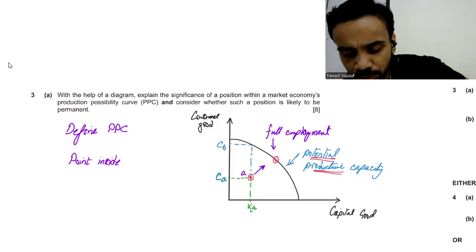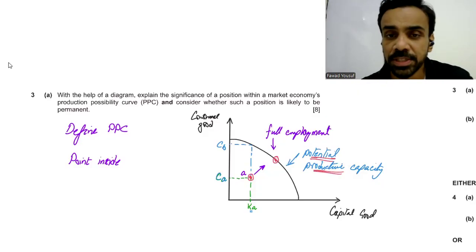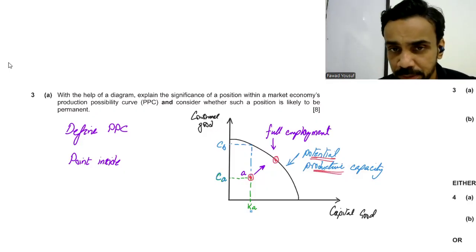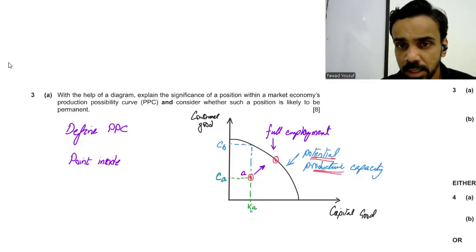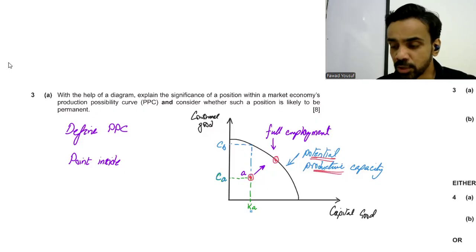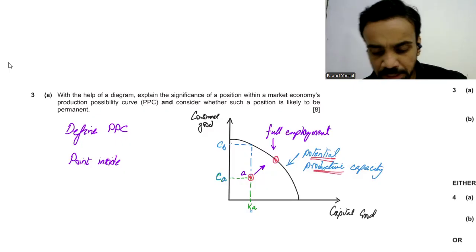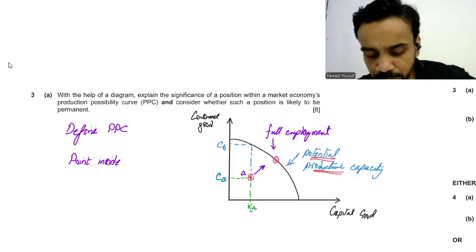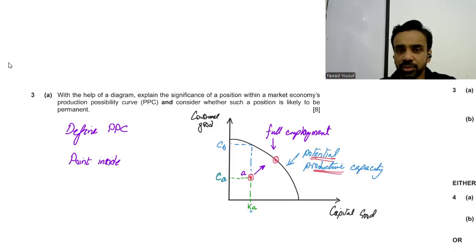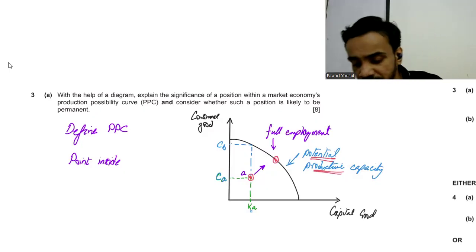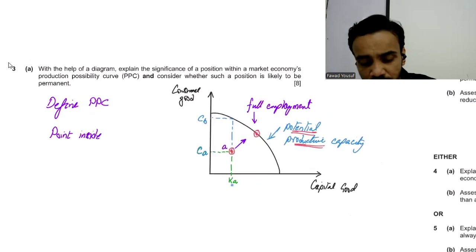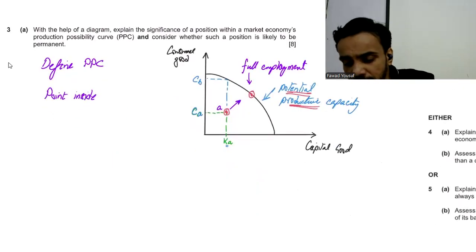If it achieves full employment of resources, it will move on to the PPC. It will no longer be inside PPC. है ना? So that is one of the discussions we can do. So in conclusion, what we're saying is कि ये position permanent नहीं है. It's a very transitional thing. In fact, I would love to even talk about over here. That would be a fantastic evaluative point if one can do that.